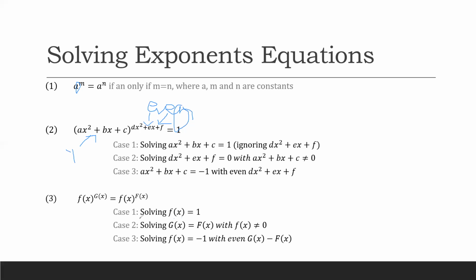And lastly, if f(x) is equal to negative 1 and g(x) minus f(x) is even, this also works, because if g(x) and f(x) are both odd or both even, if they're both odd, both of these will come out to be negative 1, and if they're both even, these will both come out to be 1, so they'll all be equal.